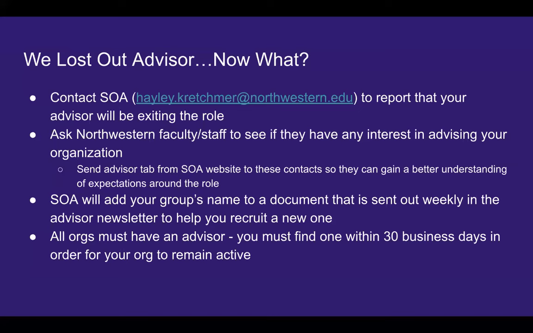So that is the main contribution we really try to take to help you in securing a new advisor. And like I mentioned, all organizations must have an advisor. So you have 30 business days to find a new person before your org is frozen for the time being until you get that replacement.